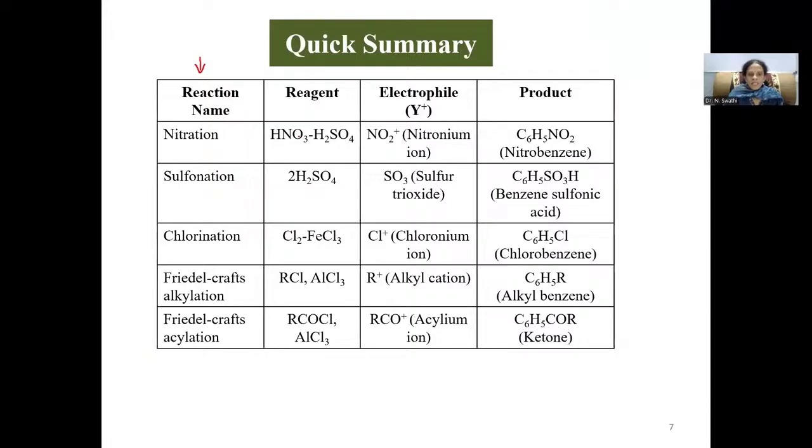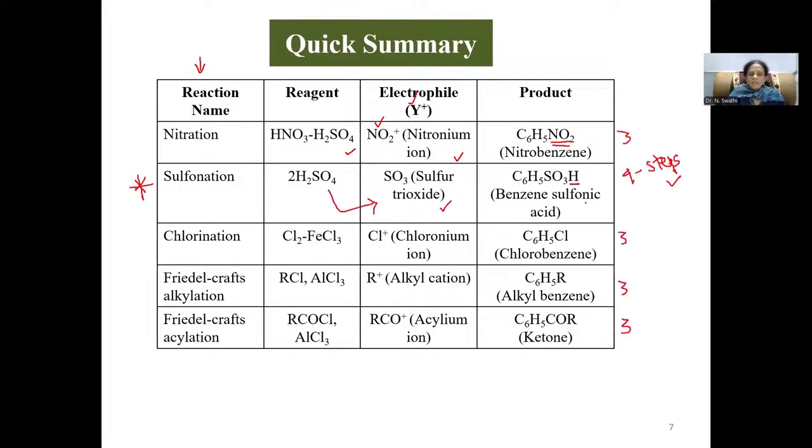And for each reaction, what is the reagent used? For example, in nitration, it is the combination of concentrated nitric acid and concentrated sulfuric acid. From this, the electrophile generated is the nitronium ion, that is the NO2 plus ion, and the finally formed product is nitrobenzene. So in the general mechanism, the Y group becomes the NO2 group here.